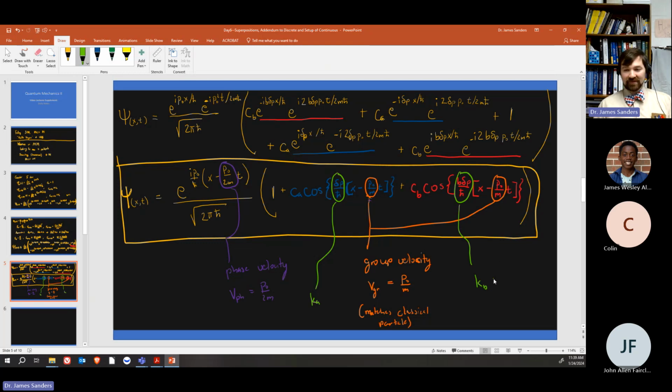Remember that k would be 2 pi over lambda. Those are not equal, but the group velocity is equal for all terms. And so all terms move together here. So that's the major point of what happens if we have more things in our discrete superposition.